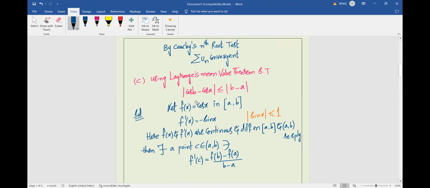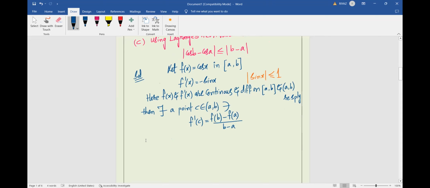Now, moving on. f dash of x is minus sin x, so f dash of c becomes minus sin c. If f of x is cos x, then f of b becomes cos b, so we get cos b minus cos a by b minus a.